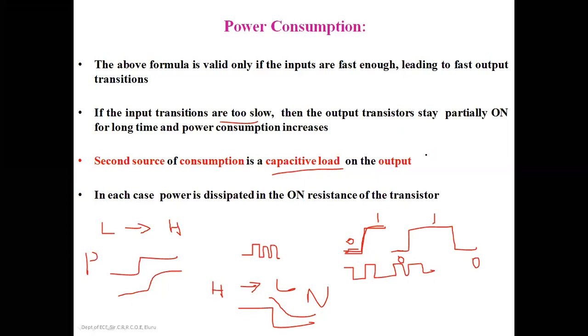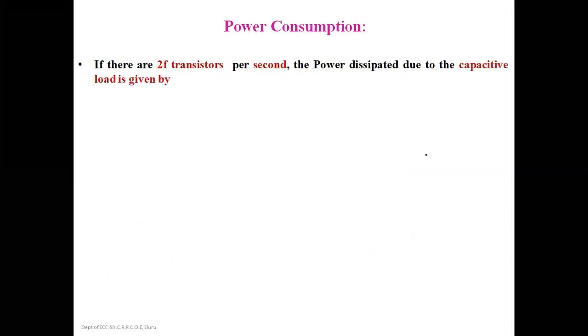Now the power consumption is due to the capacitive load. For determining that, say there are 2F transistors per second. In the dynamic condition, the two transistors are partially on because of the low to high transition and high to low transition at fast switching.